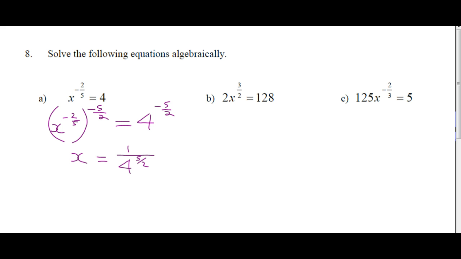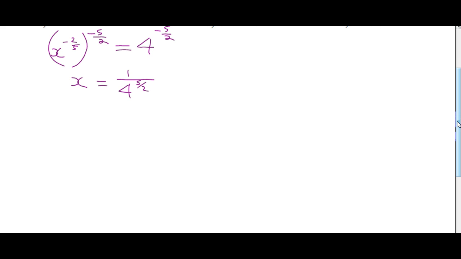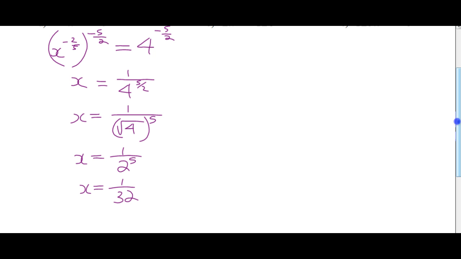Because we have a negative exponent, so we make it positive. We go 1 over. The bottom number is the root, the top number is the power, so x is equal to 1 over the square root of 4 to the 5th, which is 2 to the 5th, which is 32. So x equals 1 over 32.